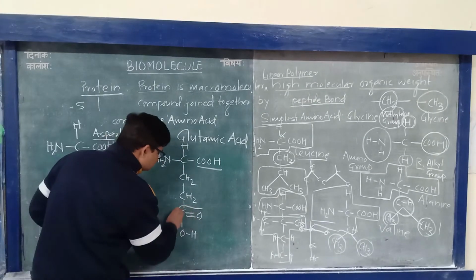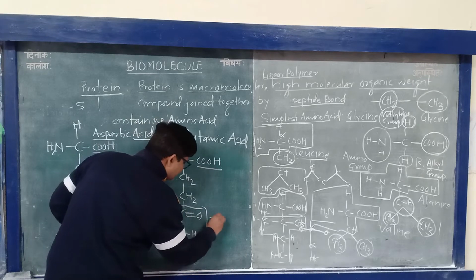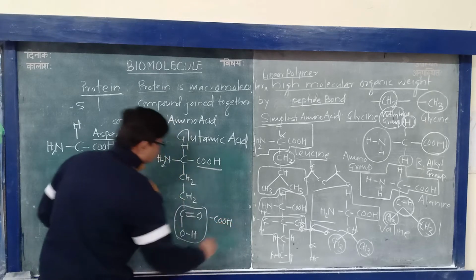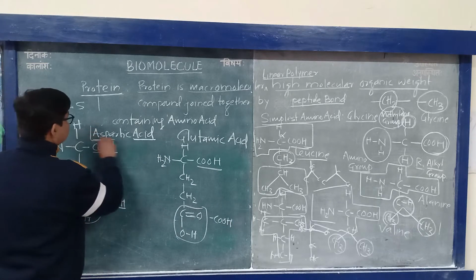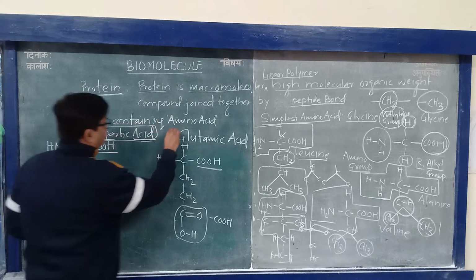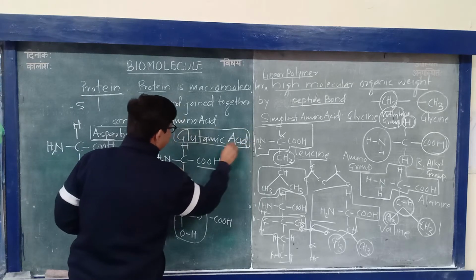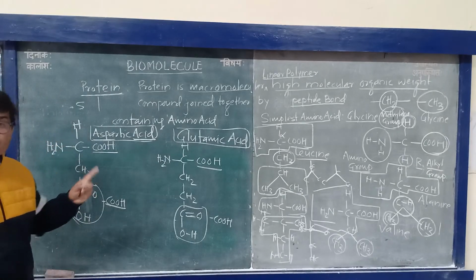So that whole structure we can say is acid. So try to differentiate the difference between aspartic acid and glutamic acid. That is the acidic amino acid.